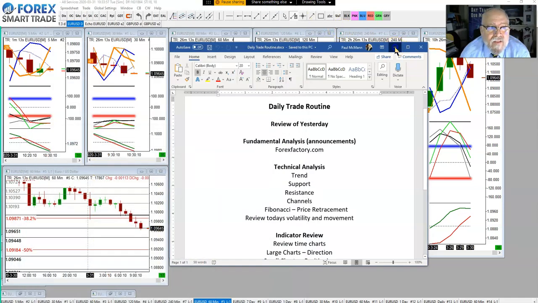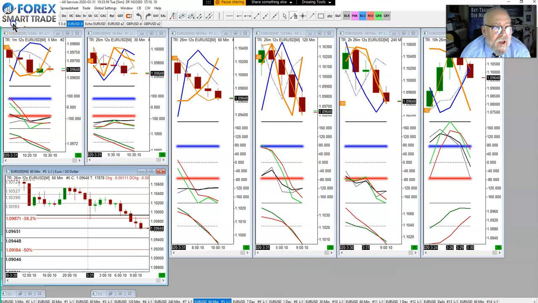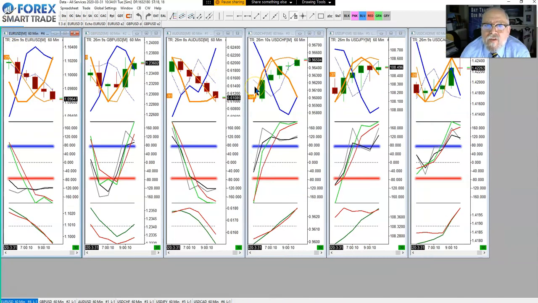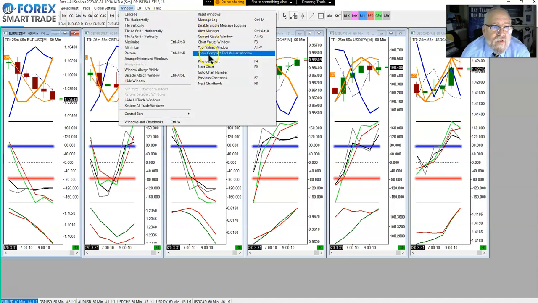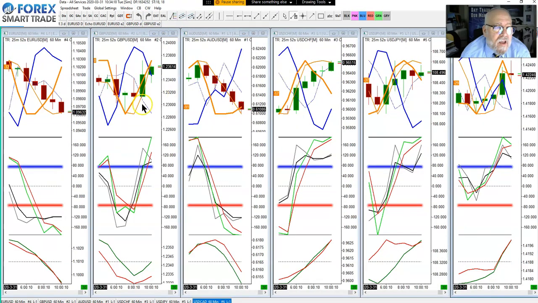So with that, let's just go right to the chart. I've got 2 types of charts set up. One is what I call the composite chart, which basically lists a variety of pairs. Here, let's spread this out so we use the whole monitor.